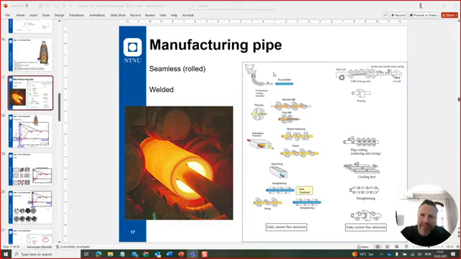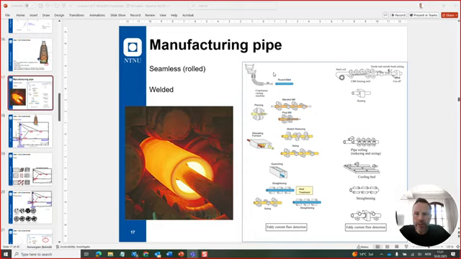In the center is like a spear, and that's what we see in the left-hand picture. It's where the billet is being pierced and made hollow, and at the same time controlling the outer diameter of it, so that it takes the shape of a piece of pipe.